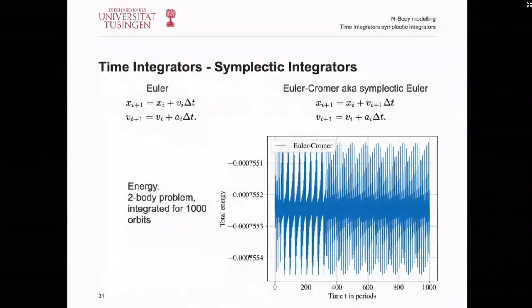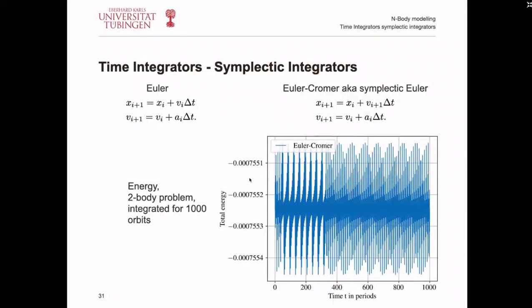See on the Y scale, you see that this energy also changes during the periods. But on the mean average, although the energy changes, the system oscillates a little bit around where the energy is conserved, just by using the velocity from the previous time step to the current time step, which gives you the symmetry in the terms.